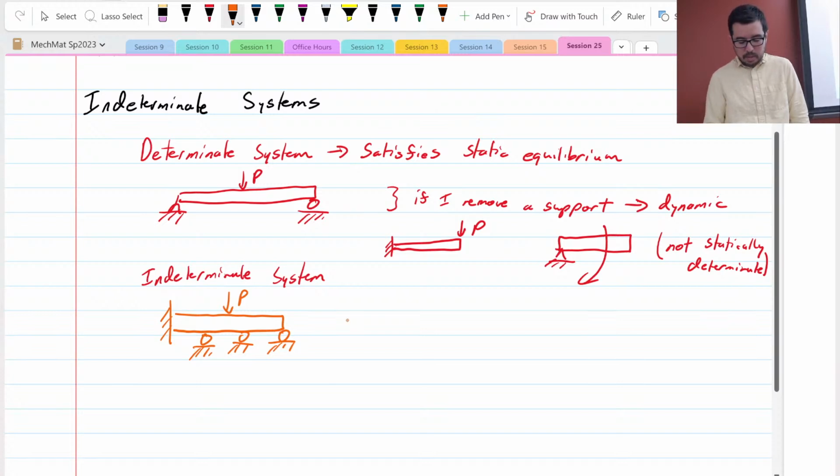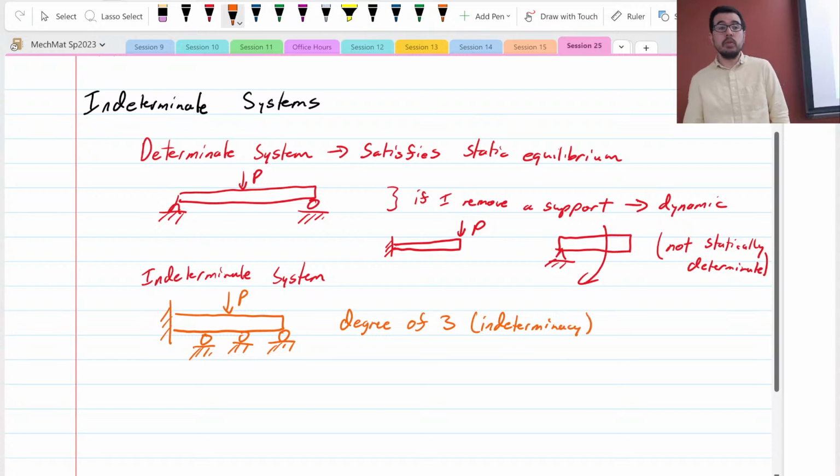This is degree 3 in its indeterminacy, because I can remove those 3. And if I remove any one of them, one here, or one here, or one here, then I get to degree 2.